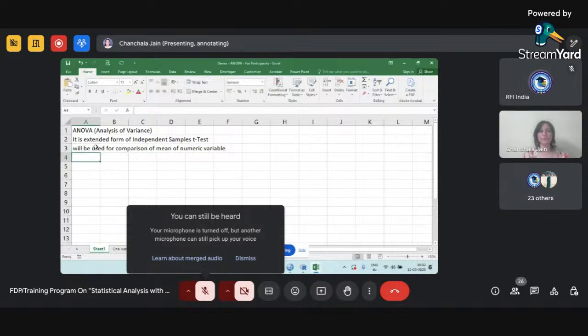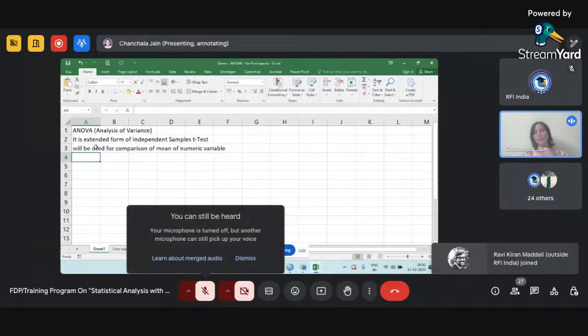But when I say it is used for finding the significant mean difference, the question comes: when the t-test is already available to compare the mean, what is the use of ANOVA? Why are we using two different tests for getting the same thing?